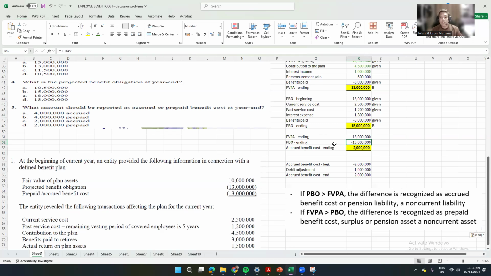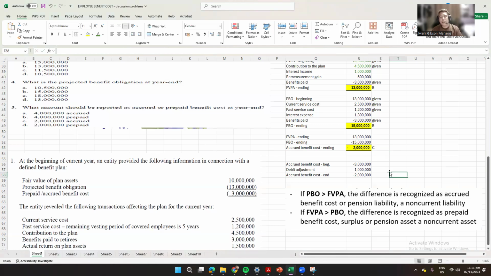So 13 million lang yung FVPA natin or yung fair value of plan assets. Yung projected benefit obligation naman natin is 15 million. So the difference is 2 million pesos. That's accrued benefit cost. So the answer is letter C. Okay, letter C.